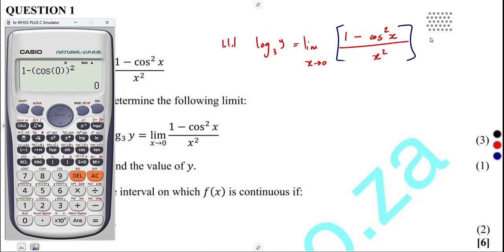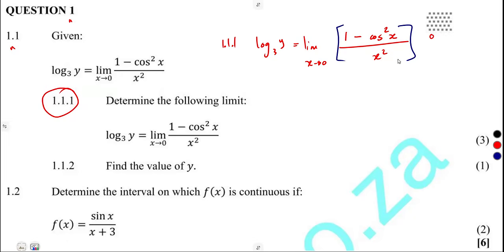This gives us a 0. In the denominator, x squared, 0 squared, that's a 0 again. So in this case, we are going to apply L'Hospital's rule.